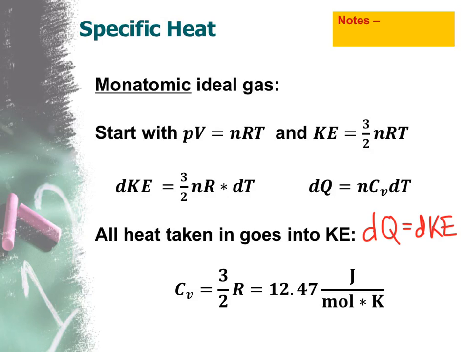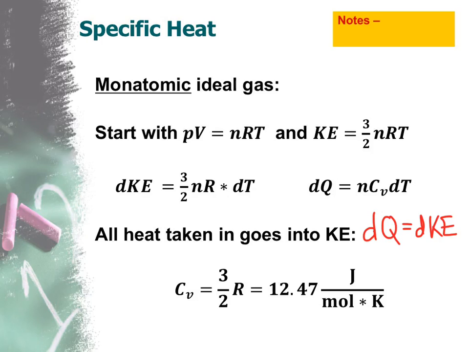Okay, so if I change the temperature by a small amount, an infinitesimal amount dT, I am going to correspondingly change the kinetic energy by a small amount, and that's given by this relationship right here. I also know that the amount of heat that I put into the gas is given by this equation right here.